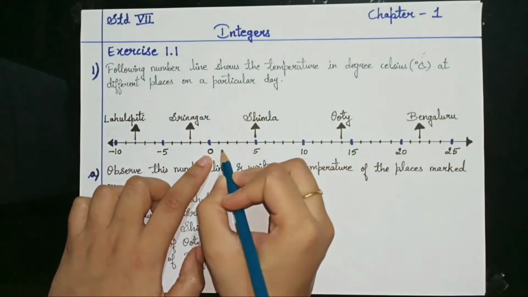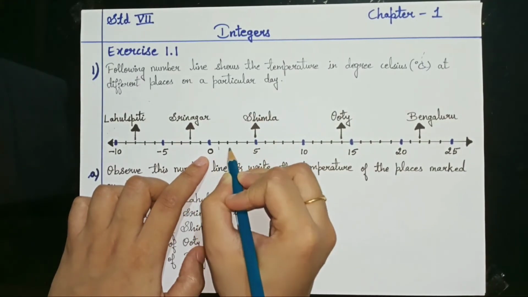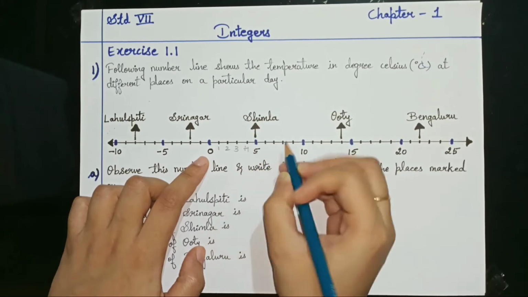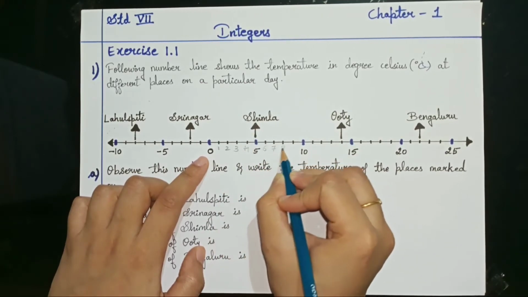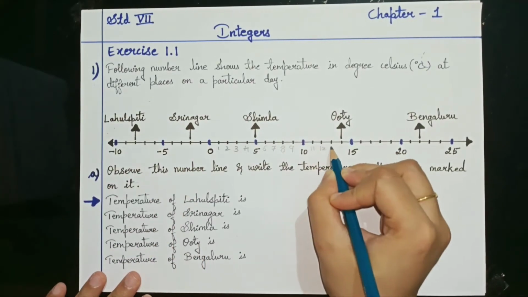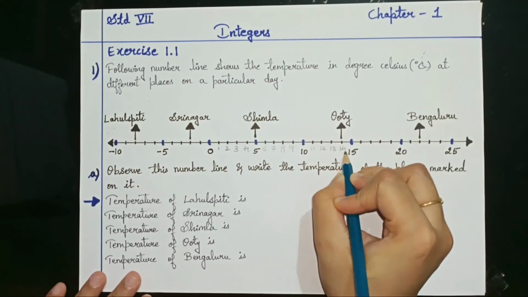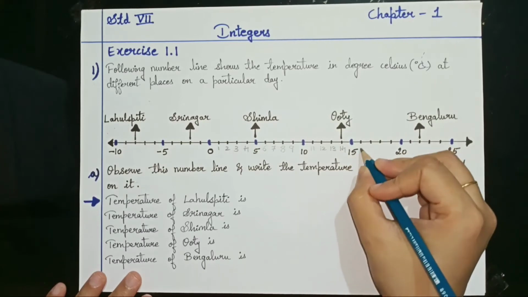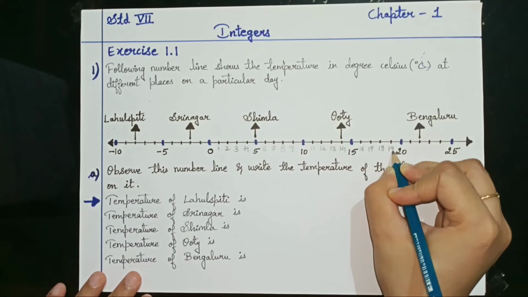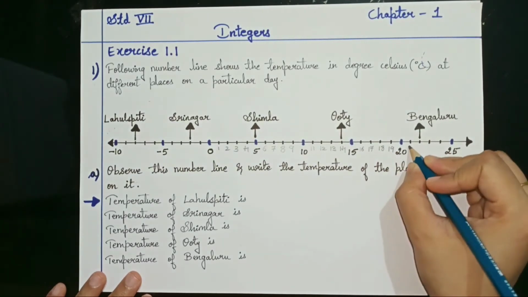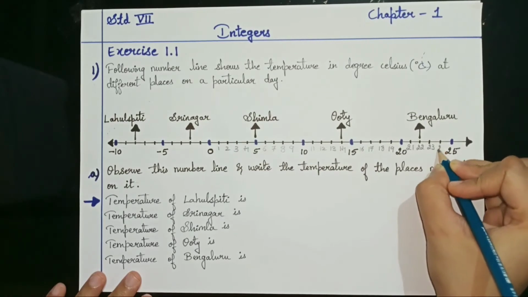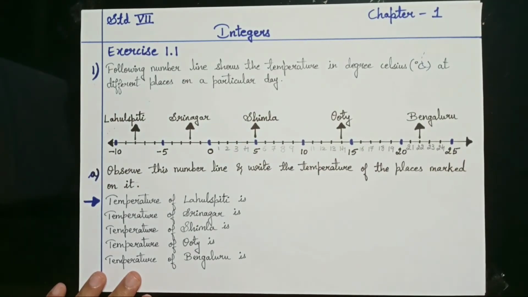Okay, starting from the right side, 0, 1, 2, 3, 4, 5 is given. 6, 7, 8, 9, 10 is given. 11, 12, 13, 14, 15 is given. 16, 17, 18, 19, 20 is given. 21, 22, 23, 24 and then 25 is given.